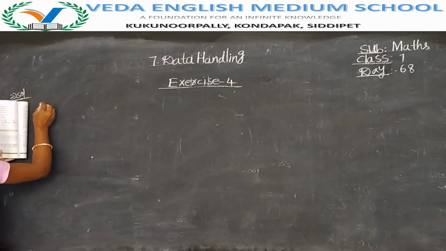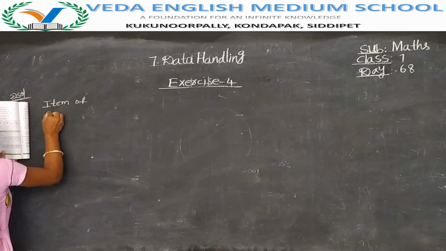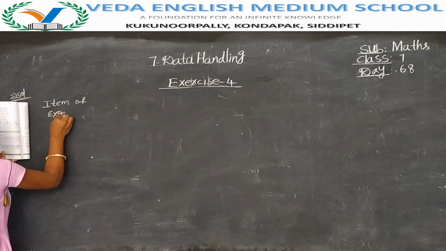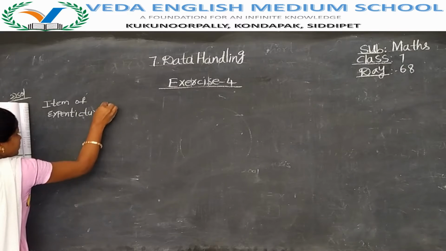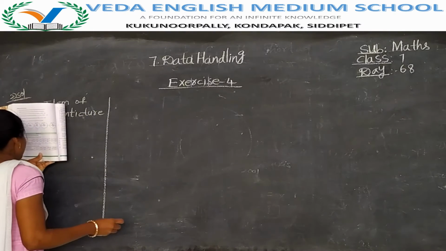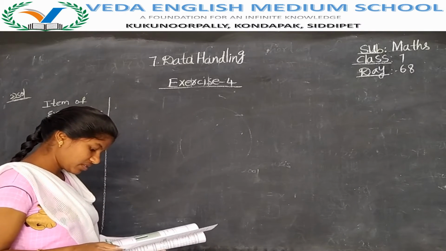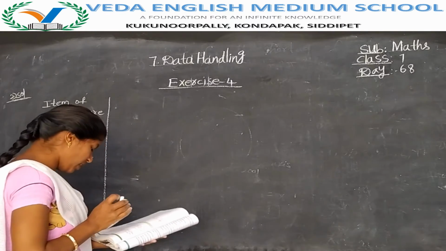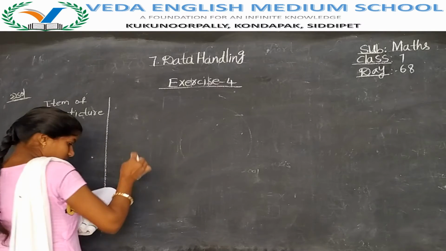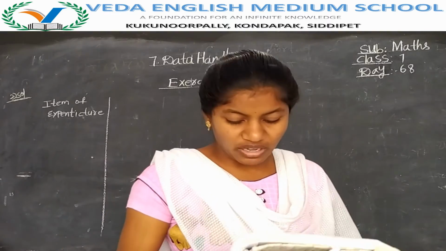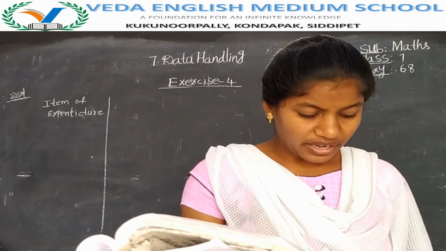Second question I am not writing. Item of expenditure. Afterwards we have to take amount, then ratio, angle.